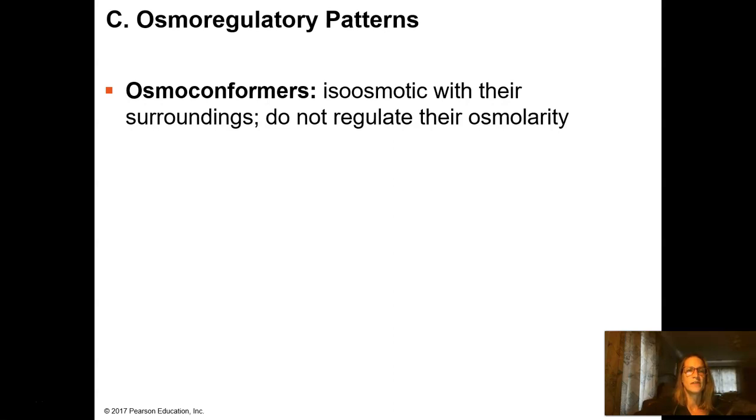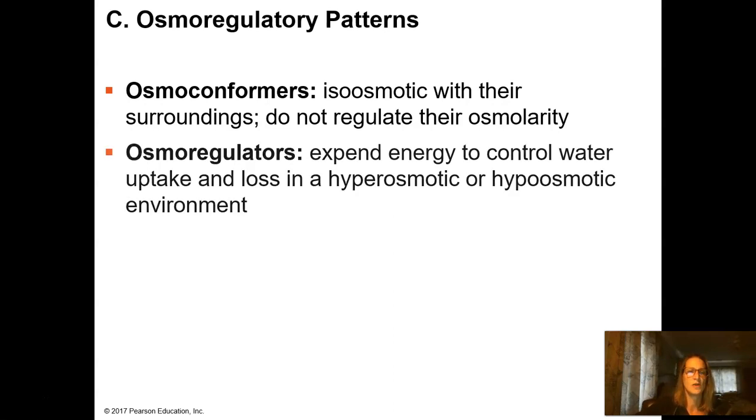So there are several different types of osmoregulatory patterns, but they're typically divided into osmoconformers and osmoregulators. Osmoconformers are, by definition, isoosmotic with their surroundings. They are not able to do any kind of osmoregulation, and so they cannot control their osmolarity.